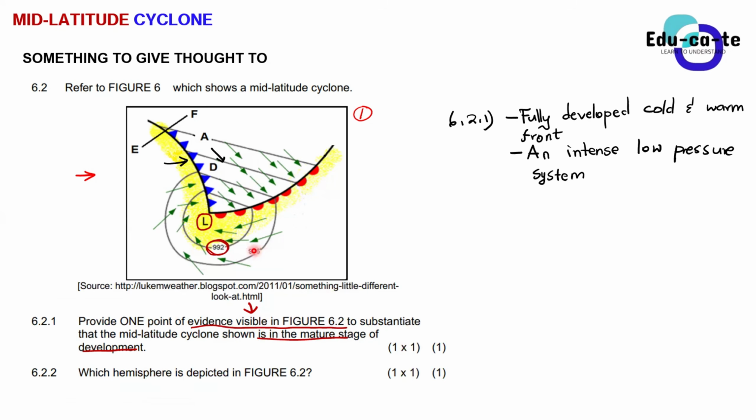Yes. So when you go towards the center or towards this L, the pressure at the center is less than 1000 hectopascals. It must be less than 1000. So I think we've got a bit of an error in our previous diagram, but the pressure at the center of this mid-latitude cyclone must be below 1000.